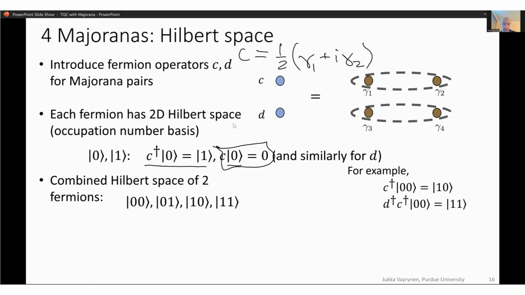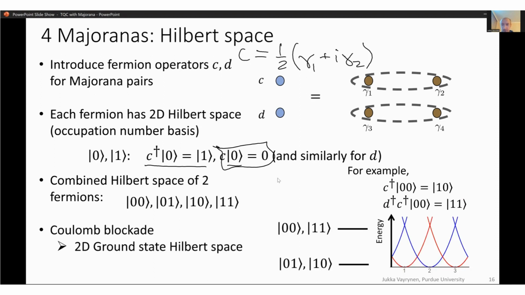And then, as I already mentioned, the total Hilbert space has these 4 states shown here, and in the usual way, all of these states can be generated from the vacuum, which is 0, 0, and then applying raising operators to get the other states.